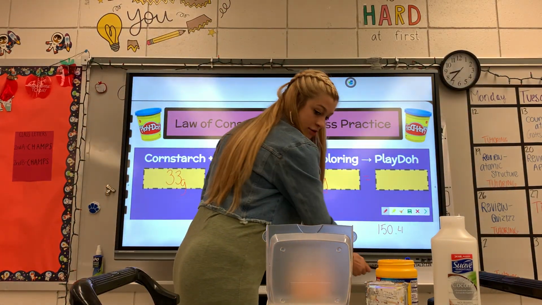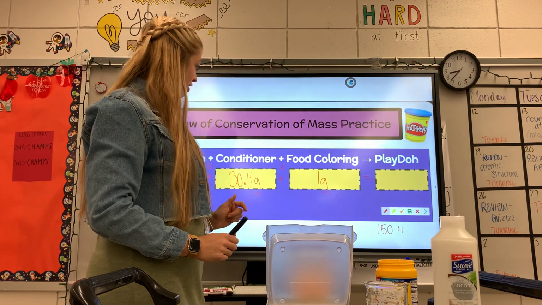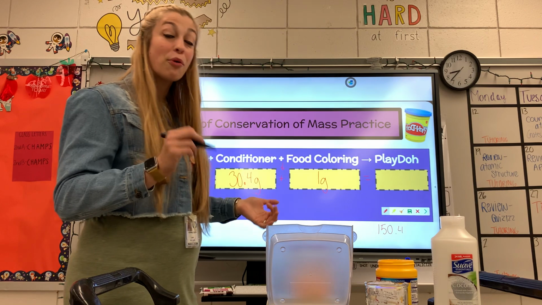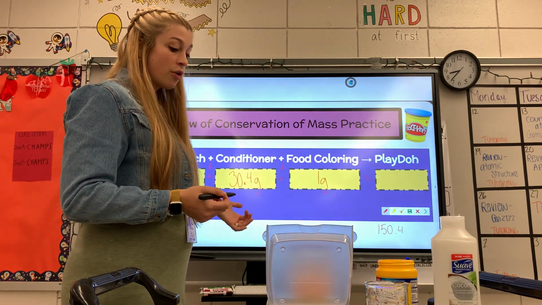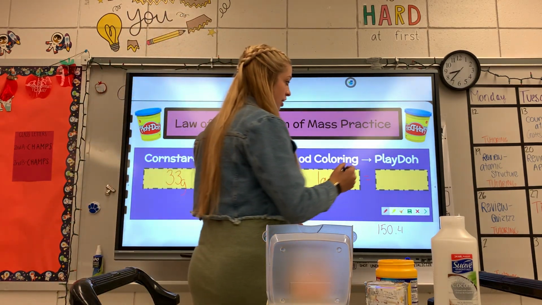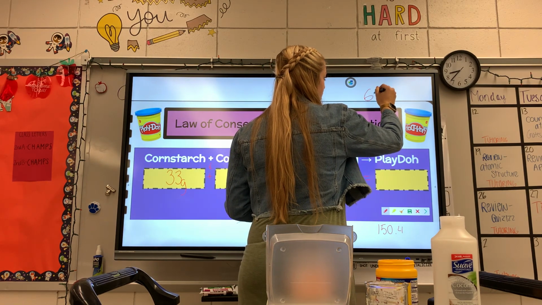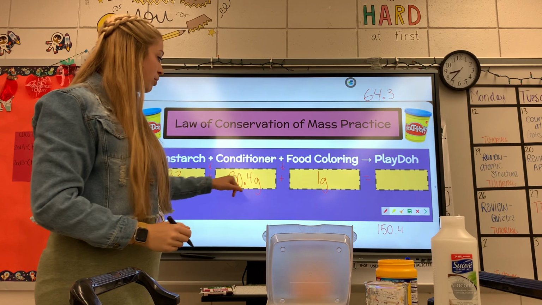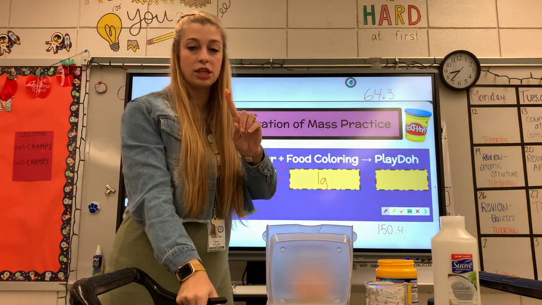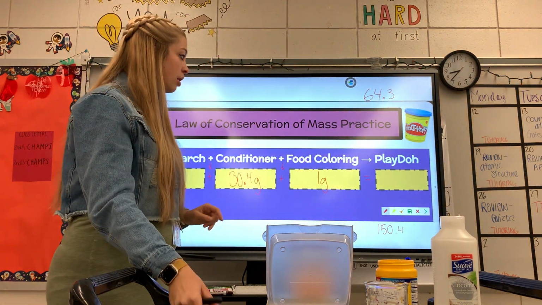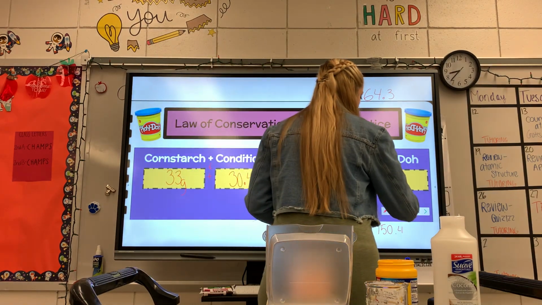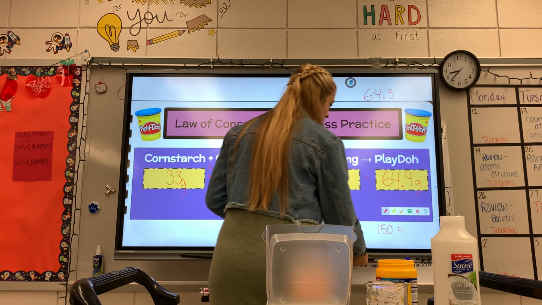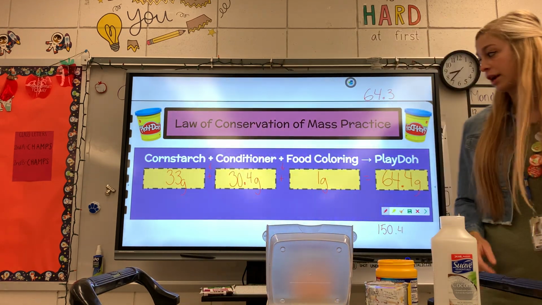Awesome. So you can see there's still a little on my finger. So we're only 0.1 grams off. When I measured, I got 64.3 grams, which is 0.1 gram off, but it makes sense because there's a little on my finger and a little on the spoon. So we know that really the mass of our product is 64.4 grams.